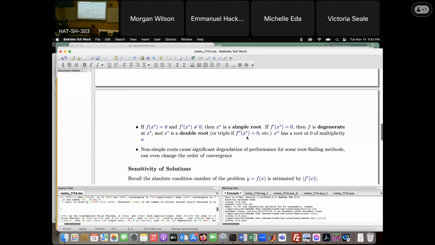One more topic before I get into covering a specific method: sensitivity of solutions. Very important for numerical methods. I want to recall something from chapter 2.